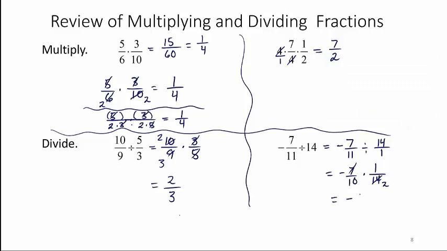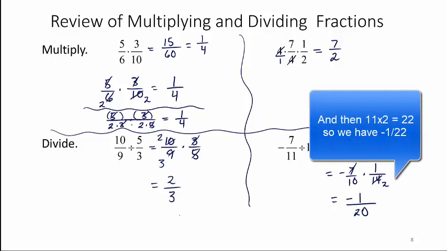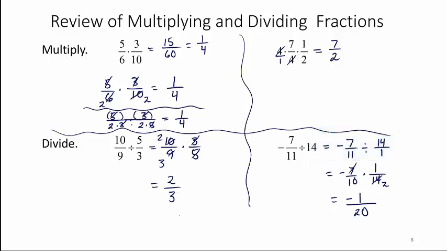And so we end up with negative 1 in the numerator, and in the denominator 11 times 2 is 22, so negative 1 over 22. Okay, here again, you can multiply that out and you'd have negative 7 over 154, and then you could reduce from there, and it certainly works, but I just want you to be thinking about those factors early on. What are the factors of 1 in there that we can get rid of?